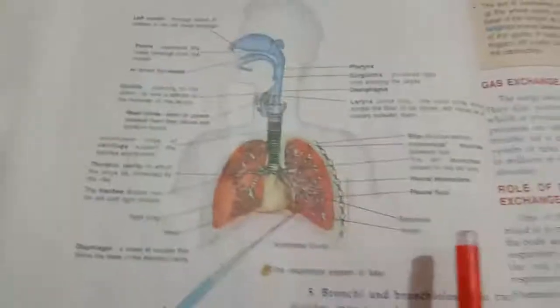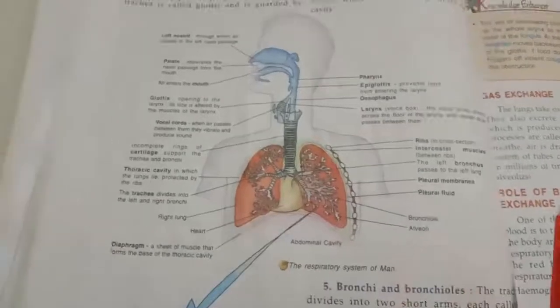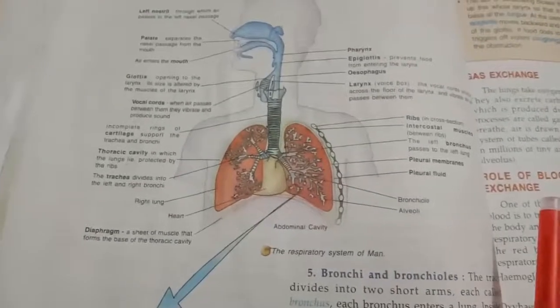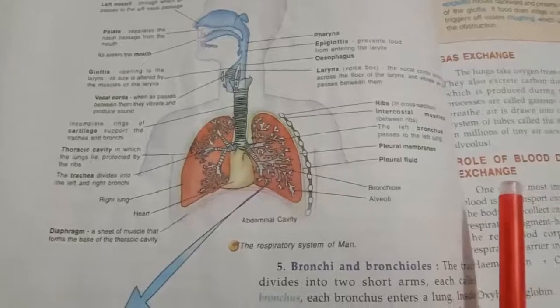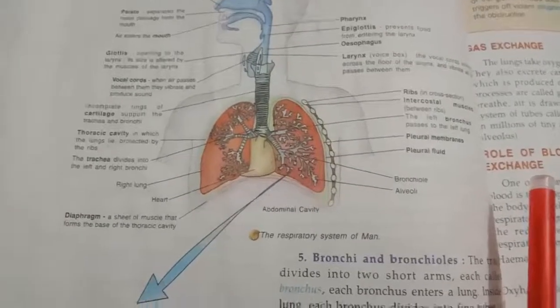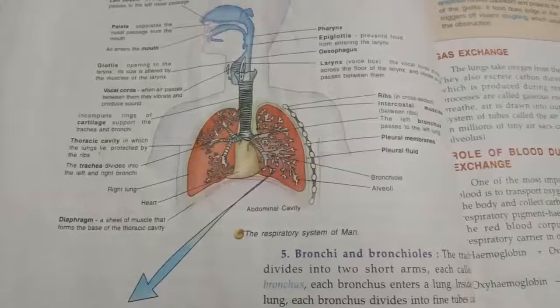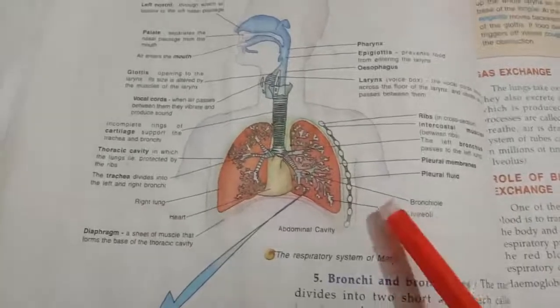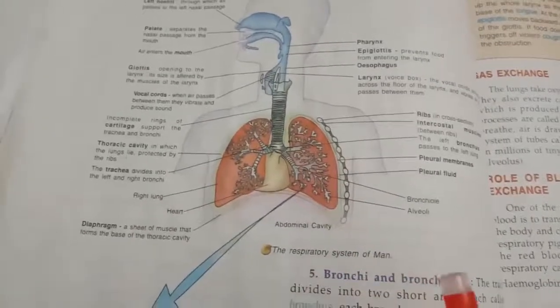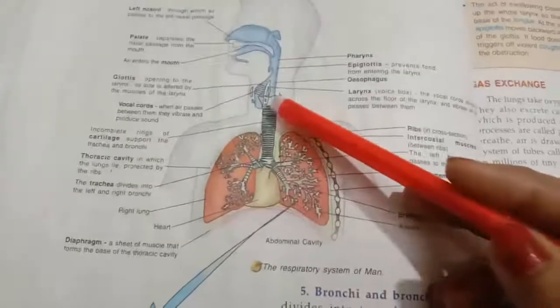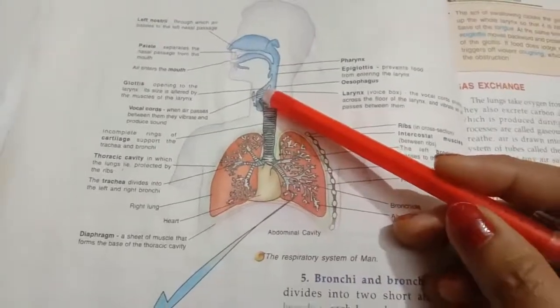Now students, if we are in a hurry and taking food very fast, sometimes you can experience coughing, because when we eat very fast, food particles can enter the windpipe.